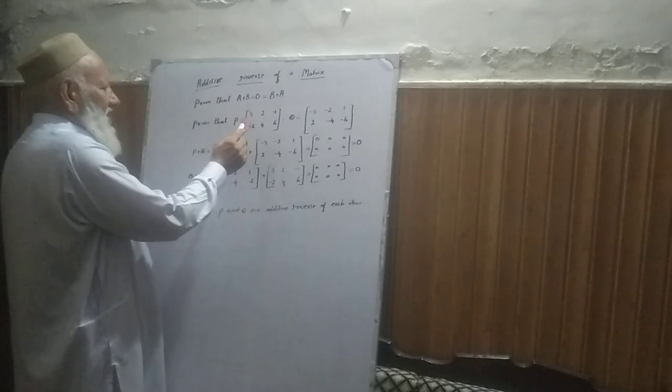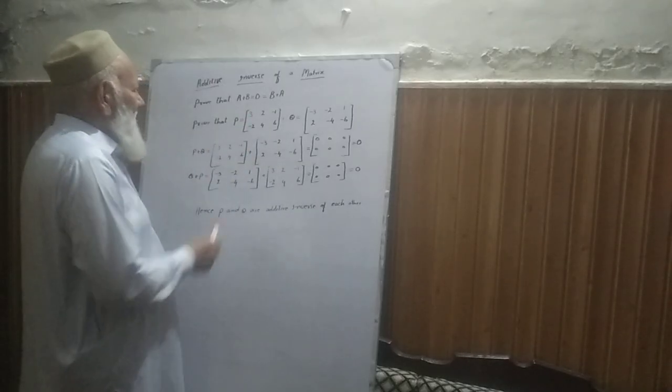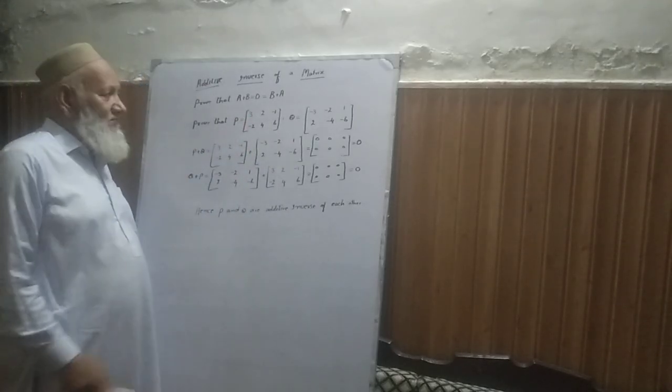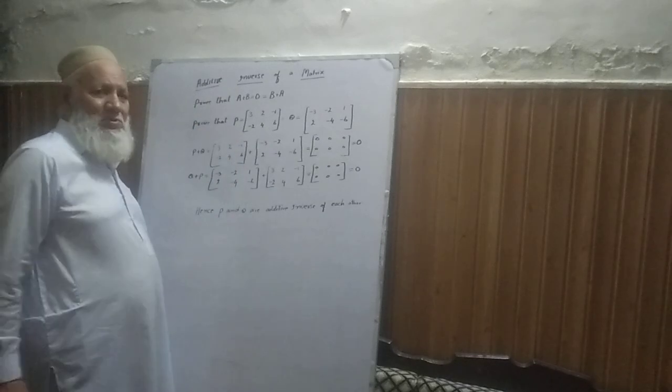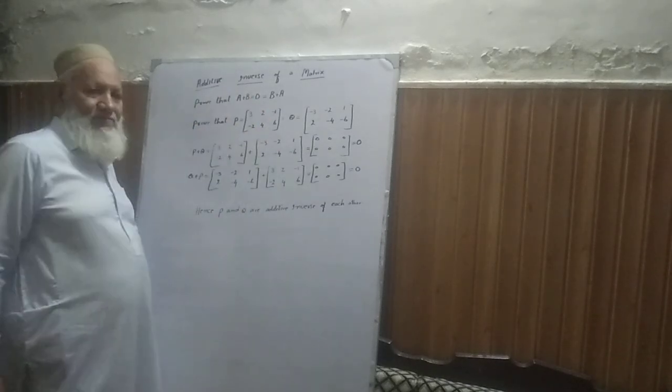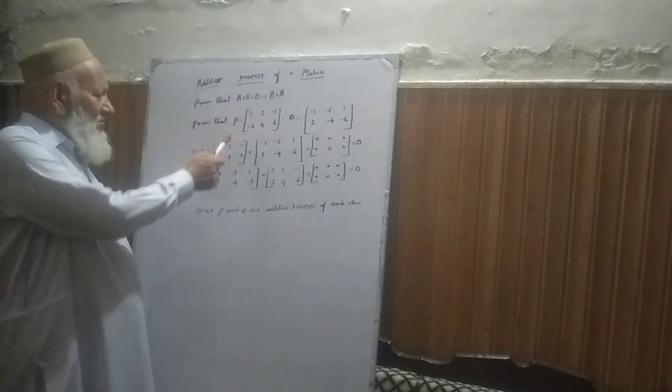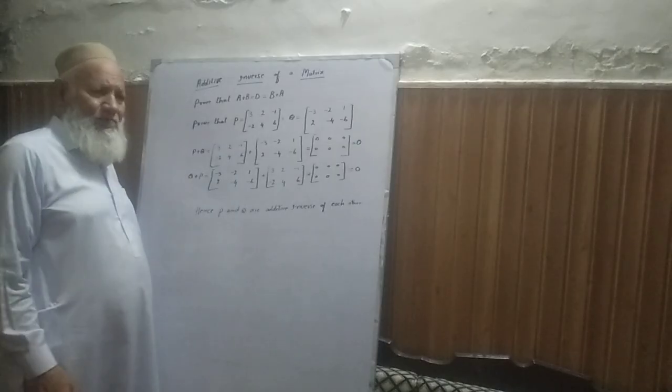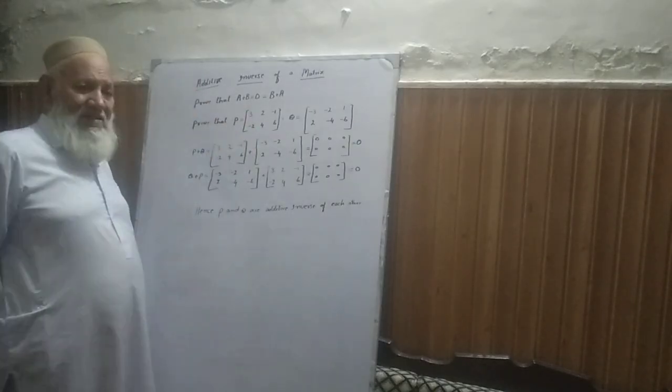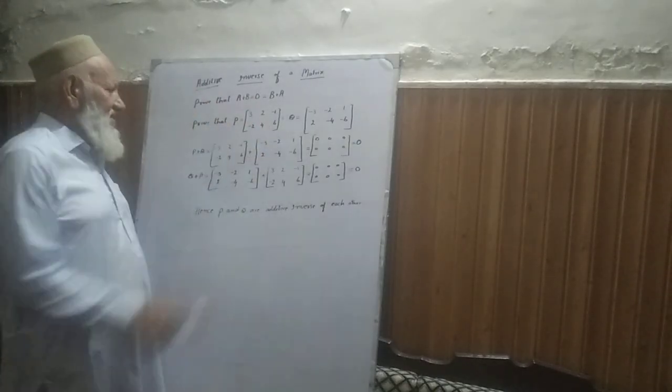In the first row the figures are 3, 2 and -1. But in the second row there is -2 and there is 4 and there is 6.